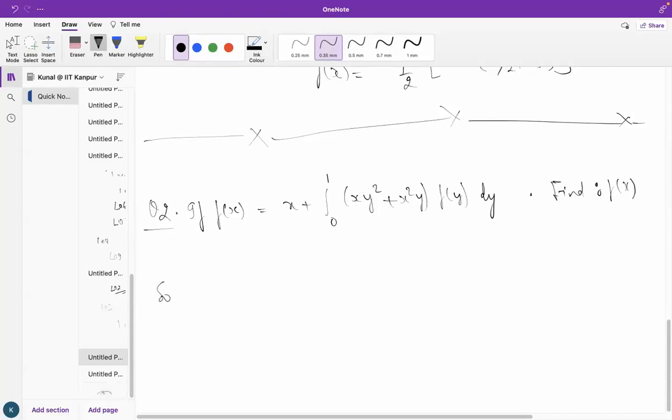Okay, so this is what I have to do. Just write f of x is equal to, take x common, right? When you do that, what do we get?